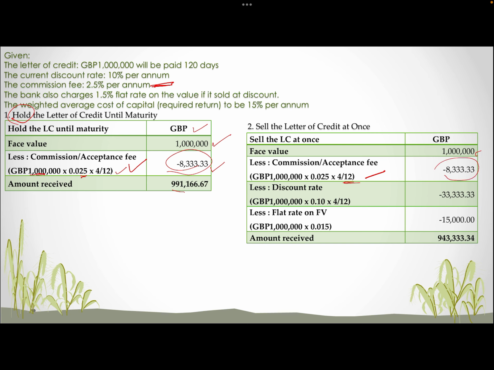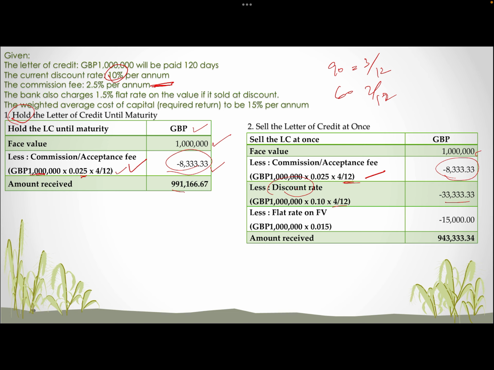So we'll get 8,333.33, and then minus the discount, discount rate 10% per annum, again 10% times 4 over 12. It depends on the maturity period. If 90 days, that means 3 over 12. If 60 days, 2 over 12.